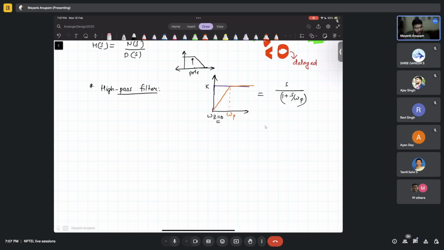Yes, sir. Exactly. So please mind that this is not a magnitude transfer function. This is in dB, okay? Please mention this is in dB of magnitude.